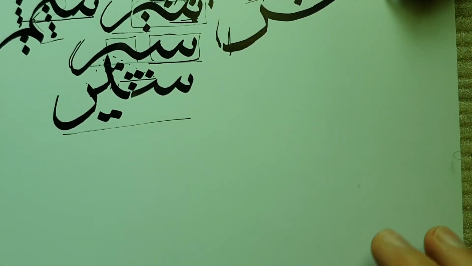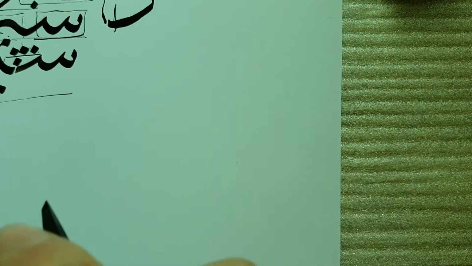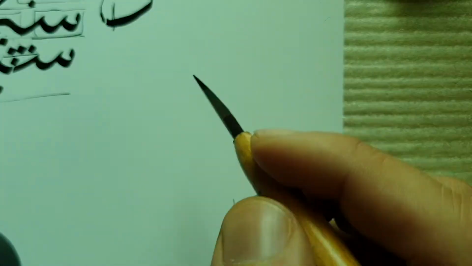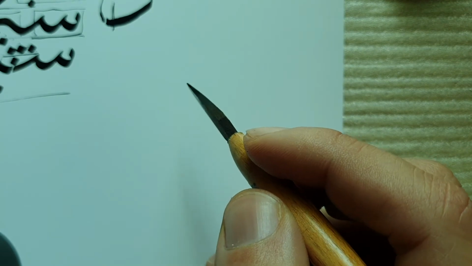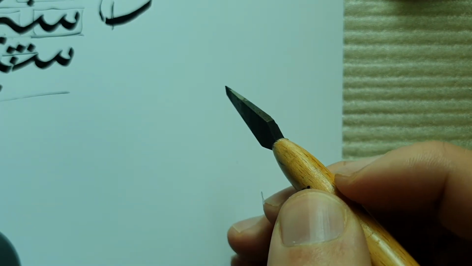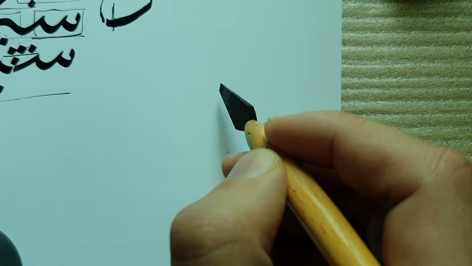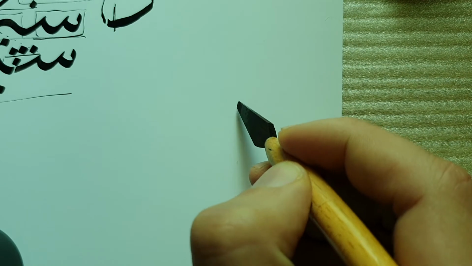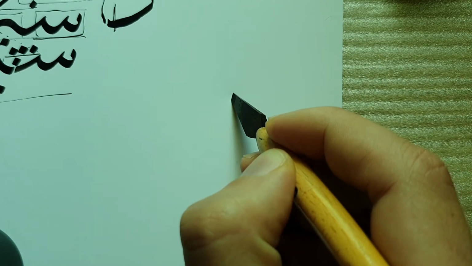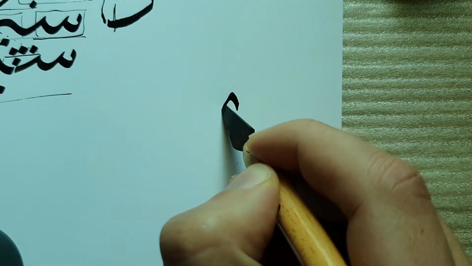Let's try something longer for homework. Let's try to write a bigger word, so we can write يحشر. So for يحشر, we have a ya that goes up, curves back and goes down.